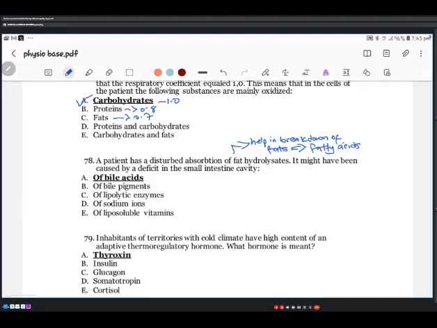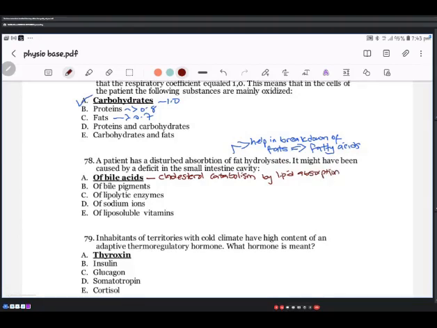Then for bile, we have cholesterol catabolism by lipid absorption.